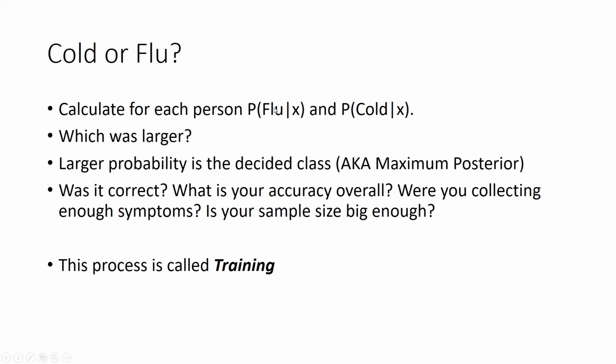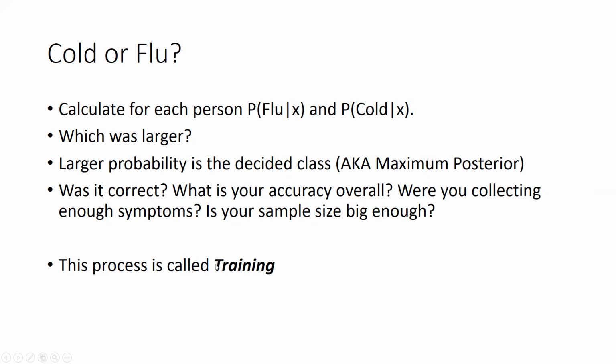So it wouldn't be that if flu was 0.6, then cold has to be 0.4. That's not how it works. These aren't exclusive with each other. You could have that the probability of flu is 90%, but the probability of cold is 91%, in which case you would say this person has cold. Okay, so it's pretty simple things to work out.